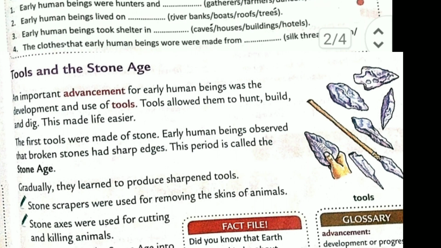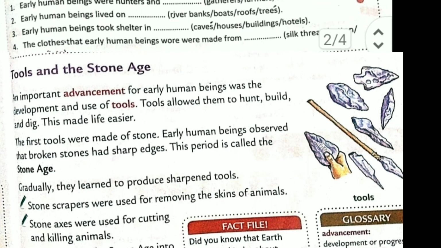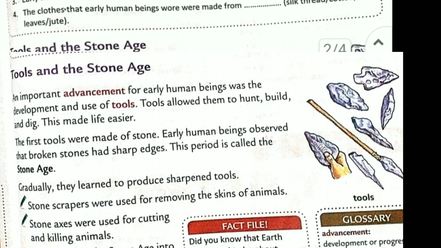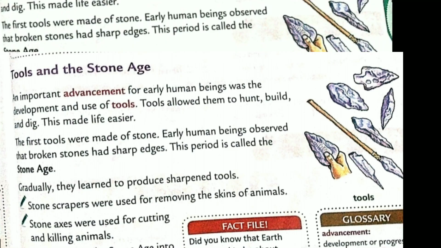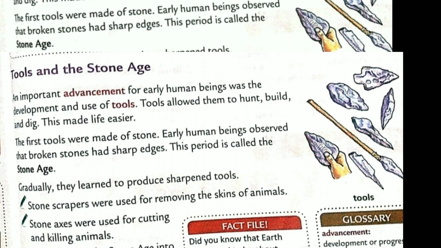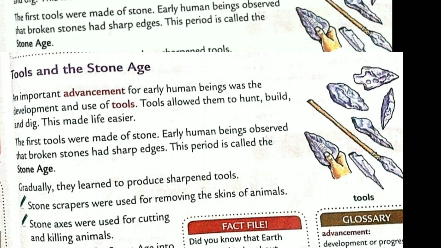Gradually they learned to produce sharpened tools. Scrapers were used for removing the skin of animals. Some axes were used for cutting and killing animals.